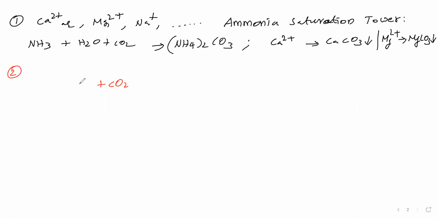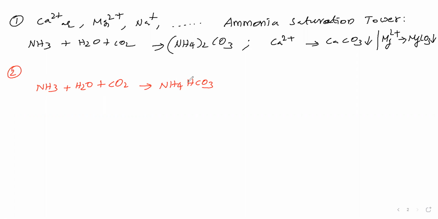The first tower filtrate we are taking to the second tower contains water molecules and ammonia. Here in the second tower we are passing carbon dioxide, so carbon dioxide is in excess, and we get ammonium bicarbonate, not ammonium carbonate.